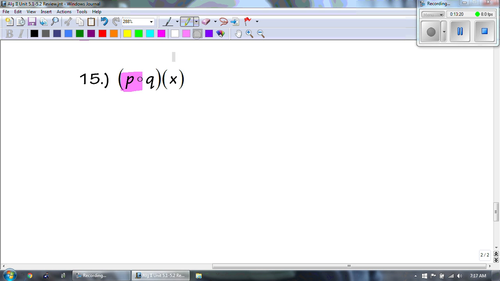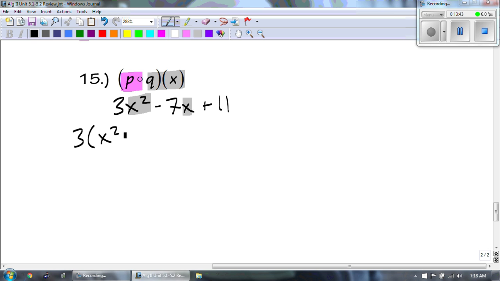So I have P, and I'm going to plug in the Q. So P of x is 3x squared minus 7x plus 11. And everywhere there's an x, that's where we plug in the q.